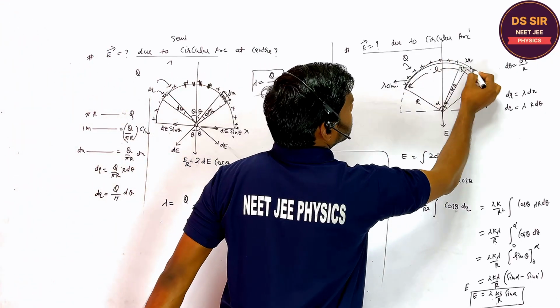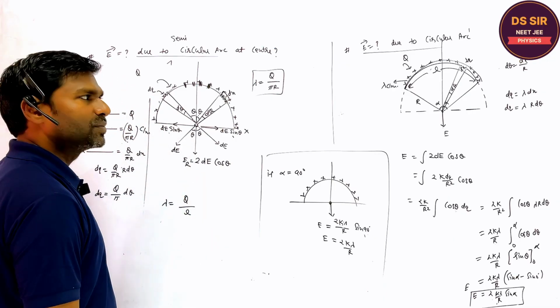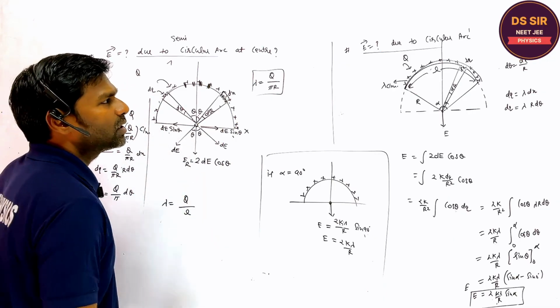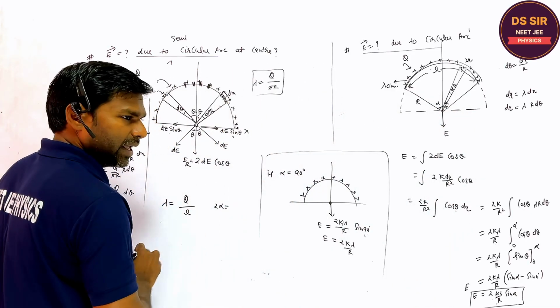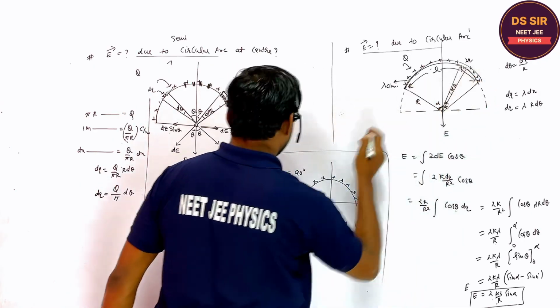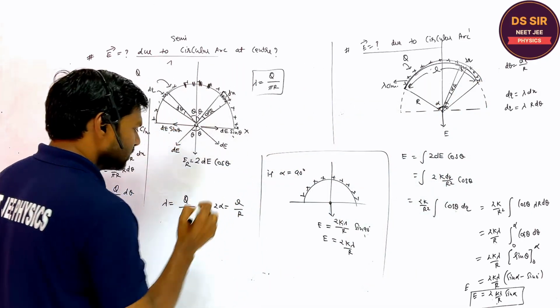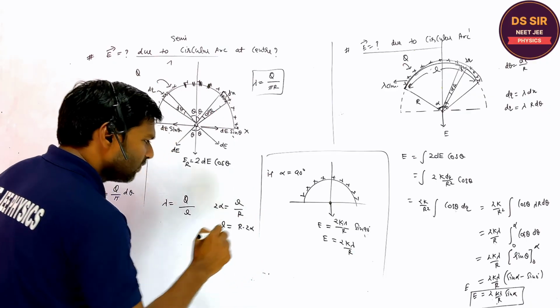Suppose the total charge is q and total length is L, right? And what is the total length, you tell? The angle 2 alpha is nothing but arc upon radius. So L is equal to r into 2 alpha. 2 alpha is the angle.